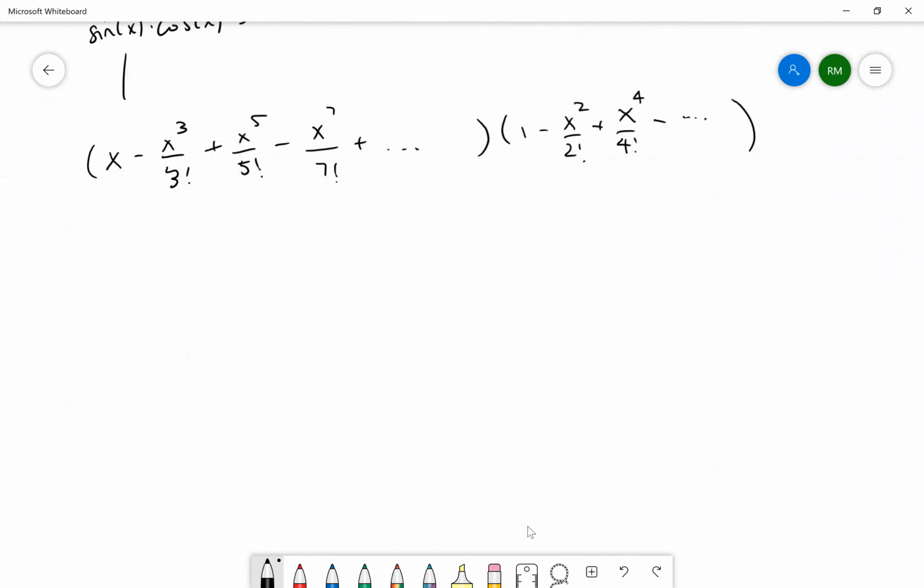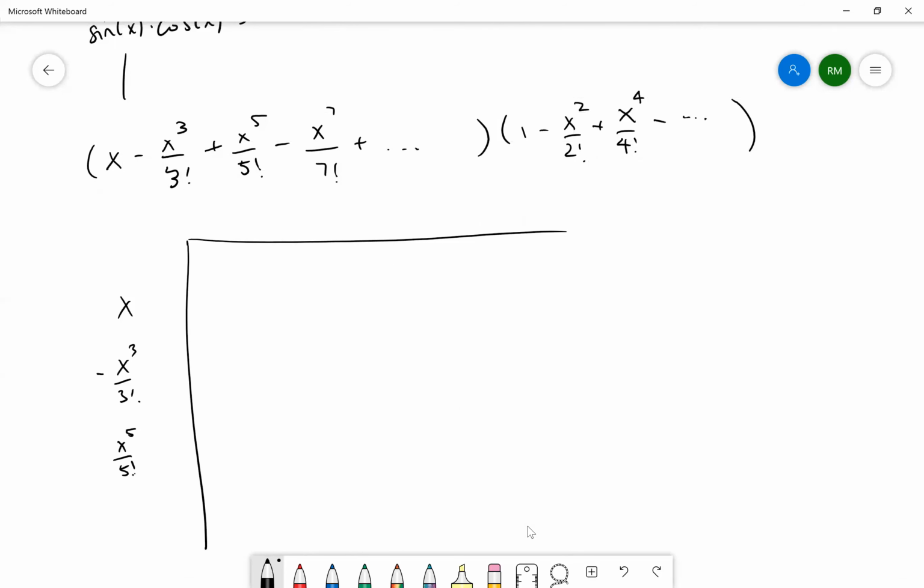So I can write the terms of my sine function over here. That's enough for there. That's all we need. Okay, and let's multiply. This is x. This is minus x cubed over 3 factorial. This is x to the 5th over 5 factorial.